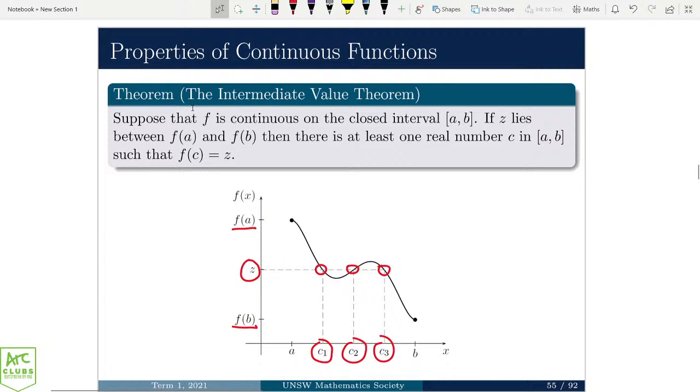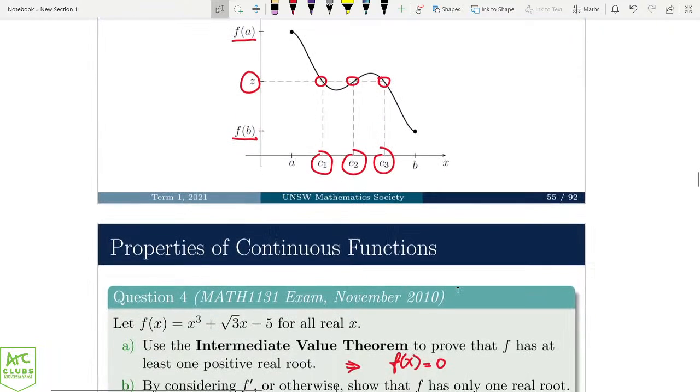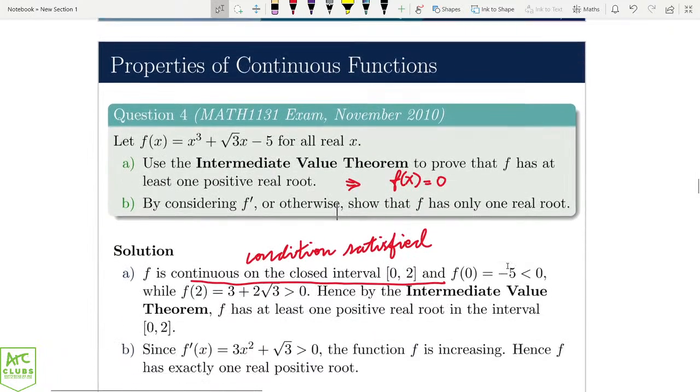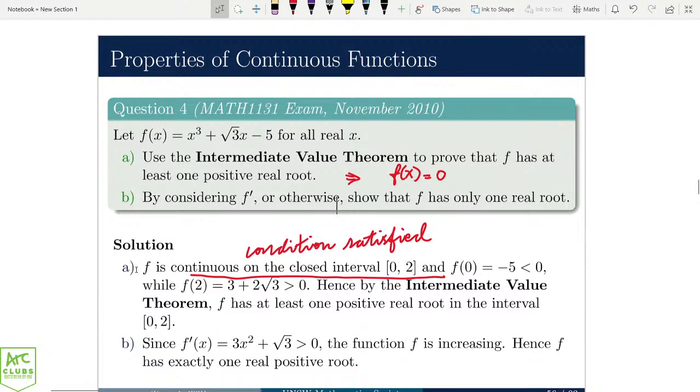So if we go back to the theorem, it says here that f has to be continuous on the interval we're dealing with. But that's not really an issue because we know this is just a simple polynomial and it's obviously going to be real for all real x. So here, that's the first thing we've stated.